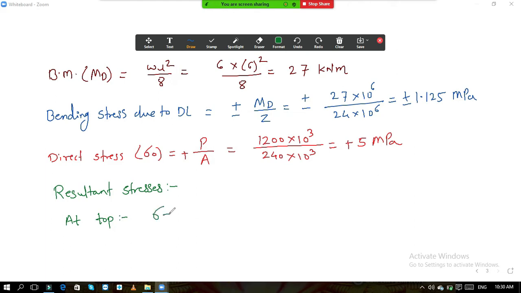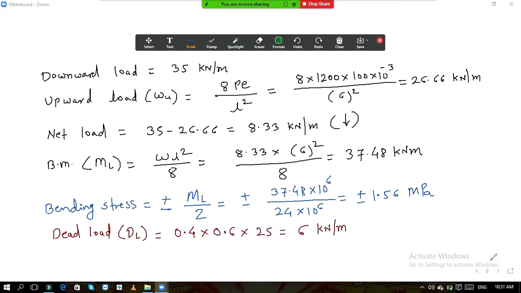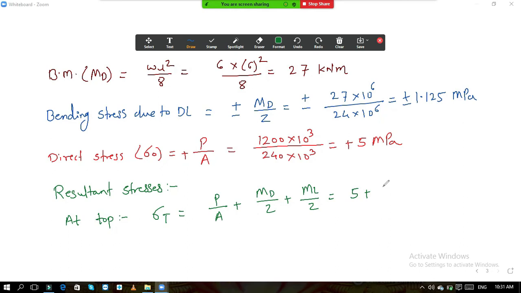So sigma t, resultant stress at top, is P by A plus MD by Z plus ML by Z, which is equal to 5 plus 1.125 plus 1.56.